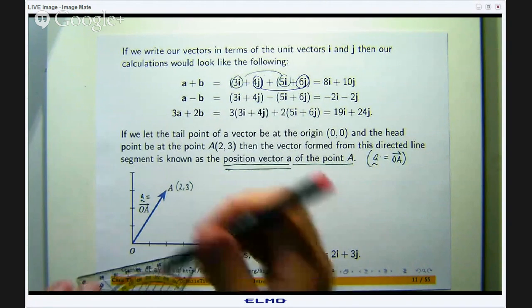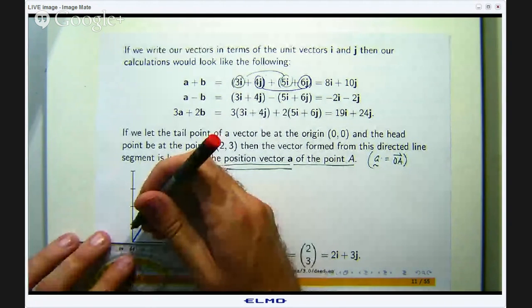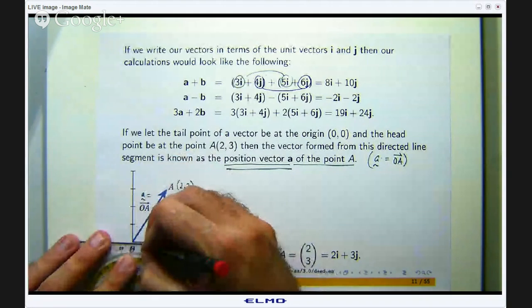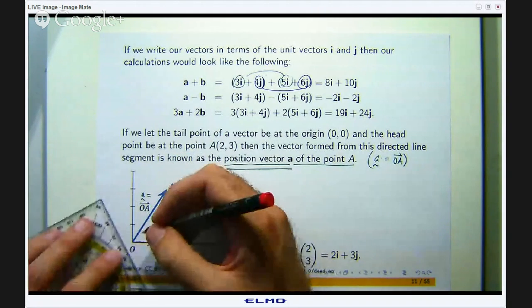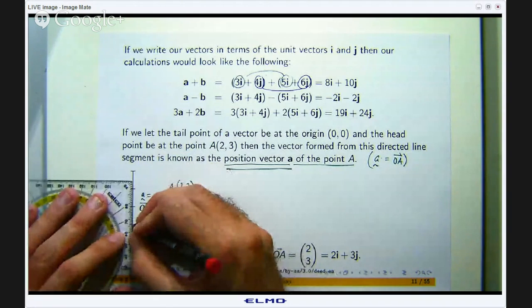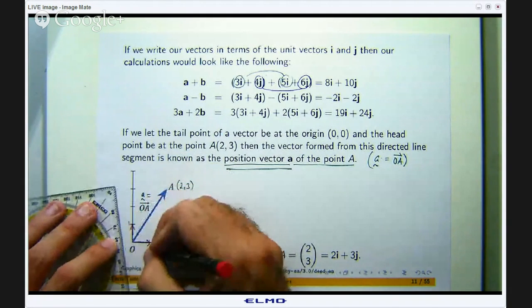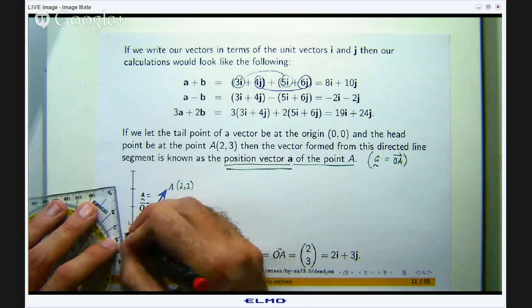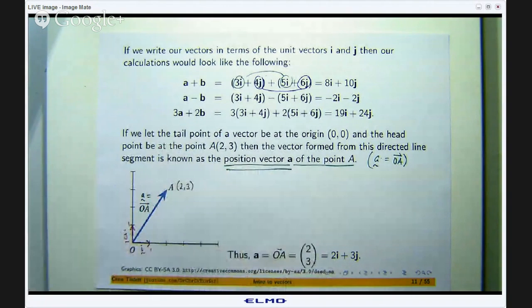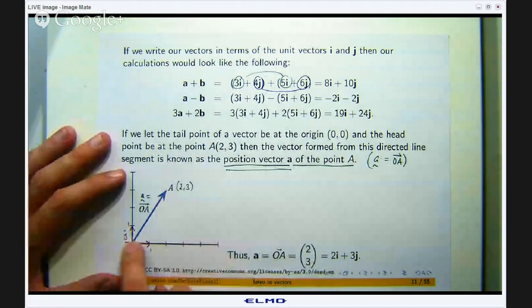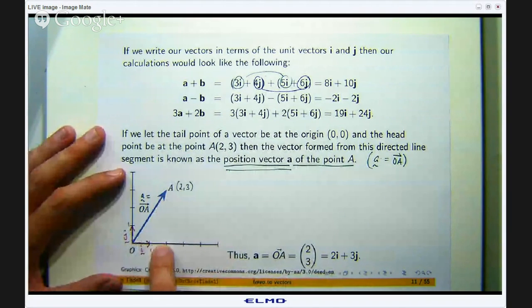And again, if I draw in my unit basis vectors, because they have length 1, then I can see that to get out to here, I need to multiply i by 2, and I'll get that stretch there.